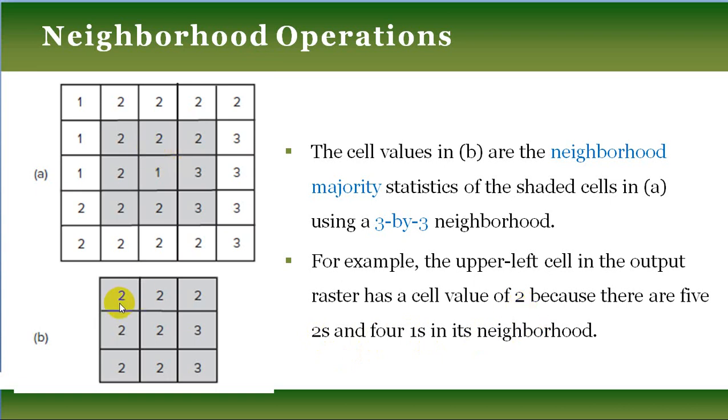So in this way we can also use neighborhood mean, neighborhood range, and many more statistical and mathematical operations, and based on this we can create an output raster. There are a lot of applications where we perform neighborhood operations.